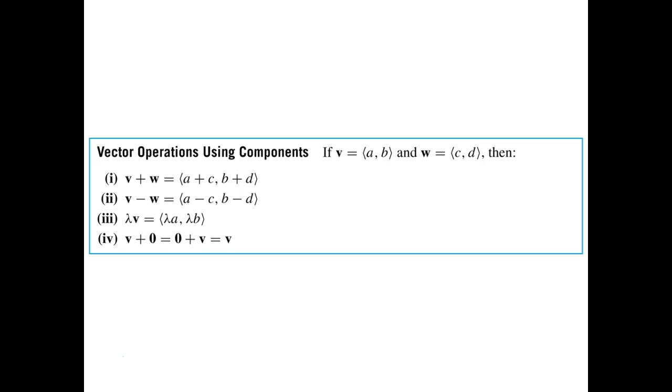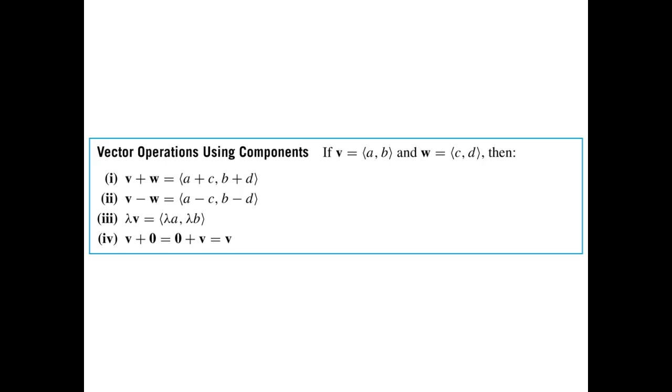All you do is add the first components, A plus C, that's going to be the first component of your sum vector, and the second component, B plus D, is going to be the second component of your sum vector. There's the way to go. You don't have to draw parallelograms or polygons or anything else, just add components.